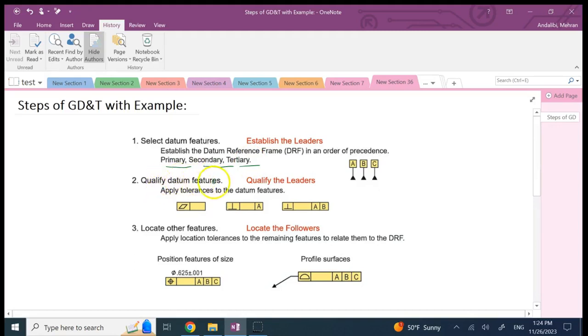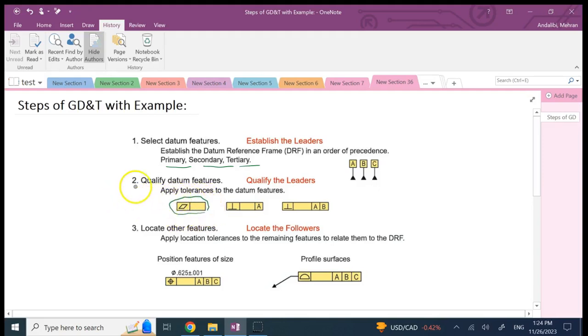Then we have to qualify these datums since they are the base and the object is basically stabilized on these surfaces, so they need to have some qualifications before we look at other features. Most of the time, our primary datum, especially if it's a surface, is made flat.